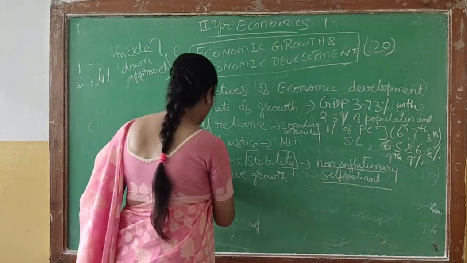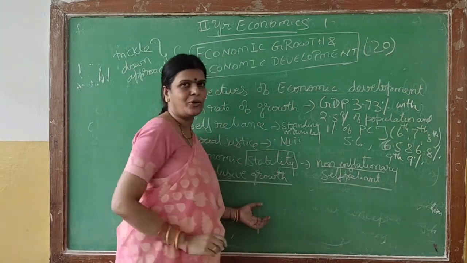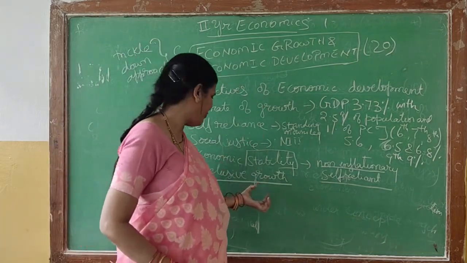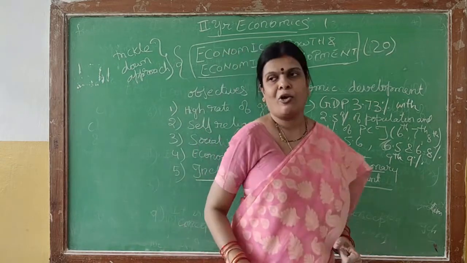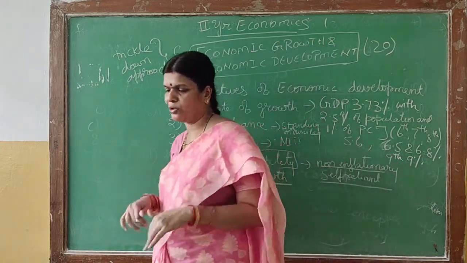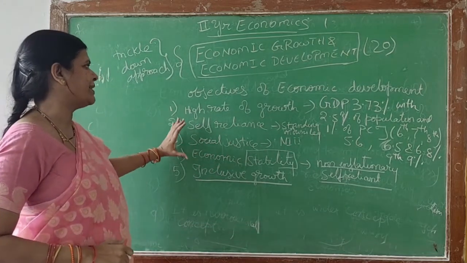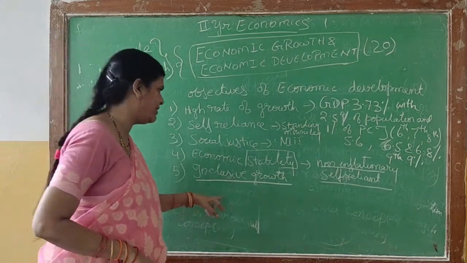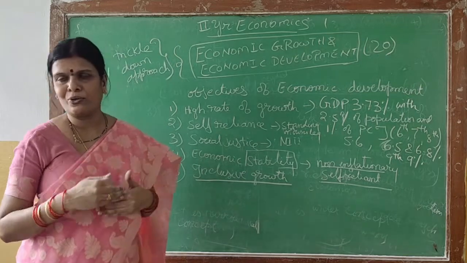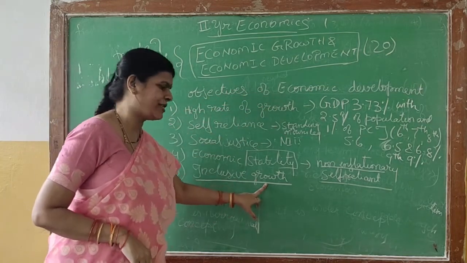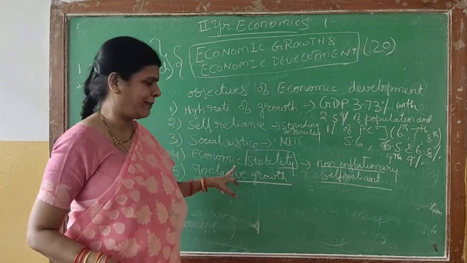Then the last one is inclusive growth. This is very, very important to achieve the objective of economic development. What is inclusive growth? Growth means, as I said, an increase in output of goods and services. But economic development cannot be achieved with growth alone, simply an increase in GDP.